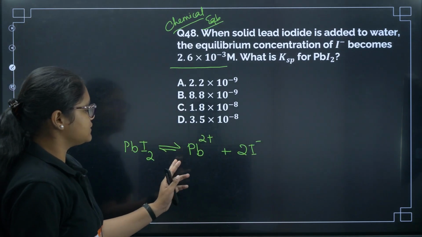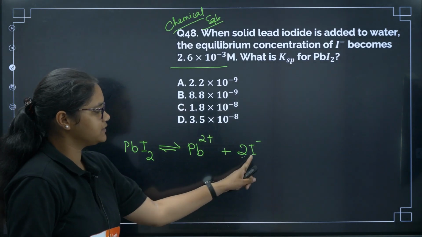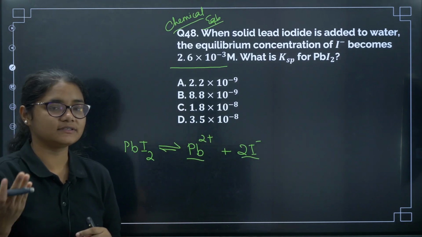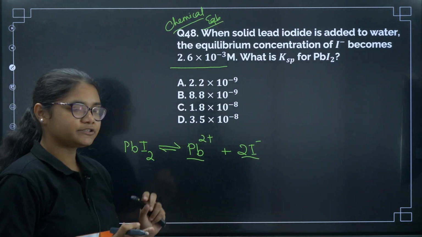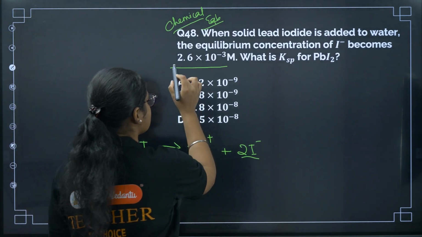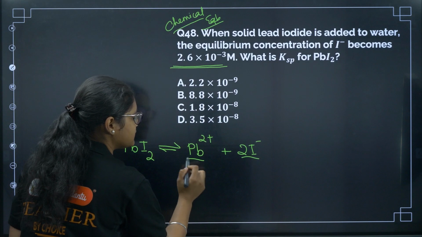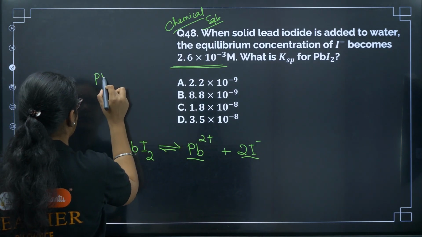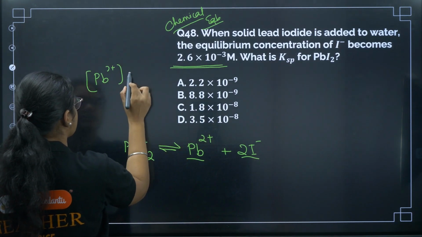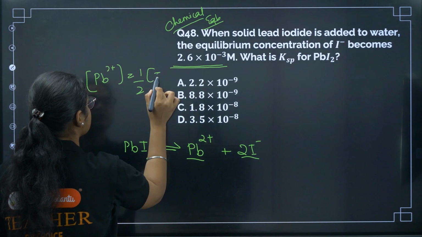Now, if you see the concentration of Pb2 plus and the concentration of I minus, the I minus concentration is double the concentration of Pb2 plus. So, if I minus concentration is 2.6 into 10 to the power of minus 3, then what will be the concentration of Pb2 plus? I can write Pb2 plus concentration is half of the concentration of I minus.